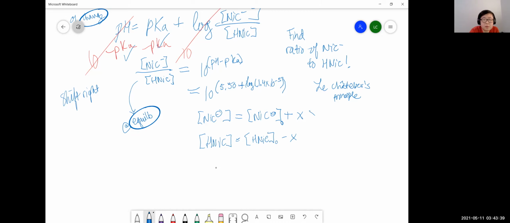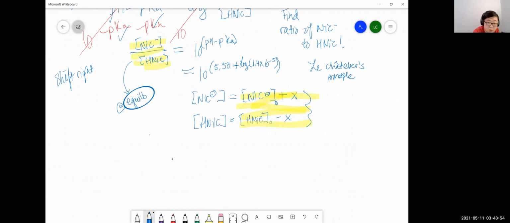And so we can replace these expressions right here into right here. And so when we do that, you're going to get this whole crazy algebra, which I don't like, but Nic minus naught plus X equals 10 to the pH minus pKa. So this whole value is actually, I didn't calculate it out, but let me do that.